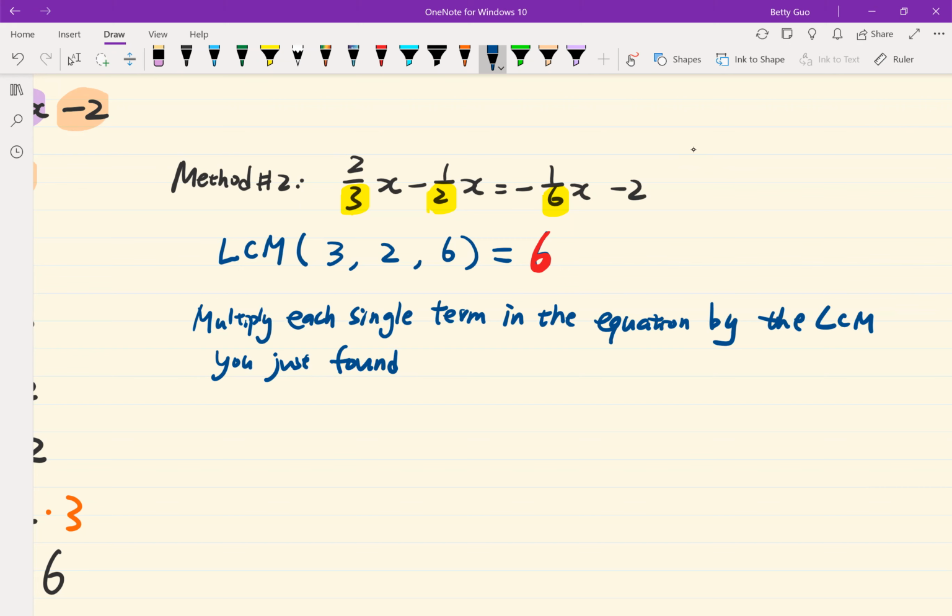Can you write it down too? Write the sentence. That sentence tells you what to do: multiply each single term in the equation by the least common multiple you just found.